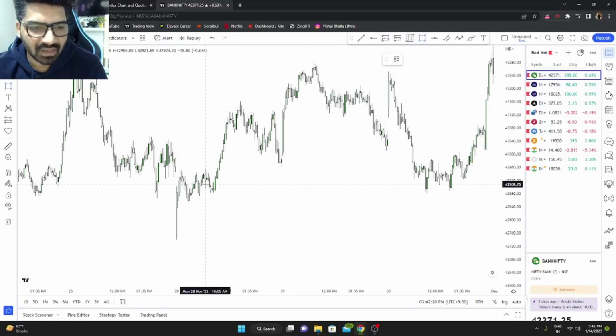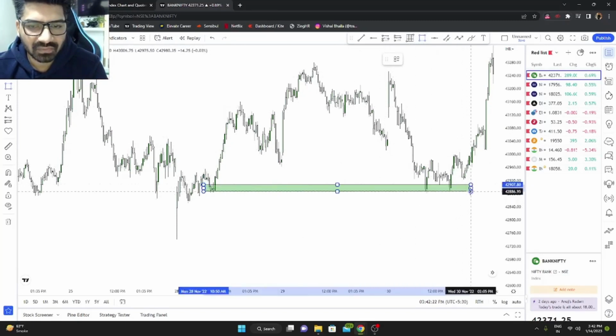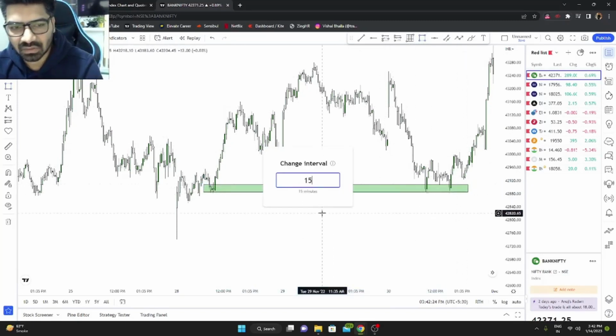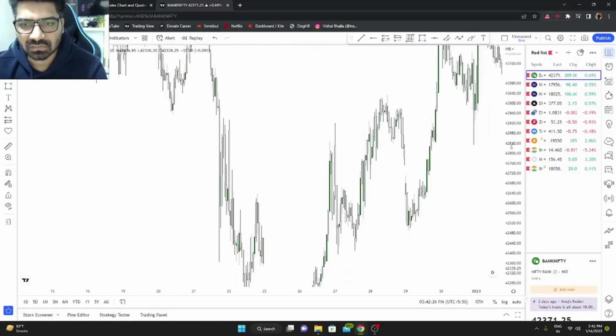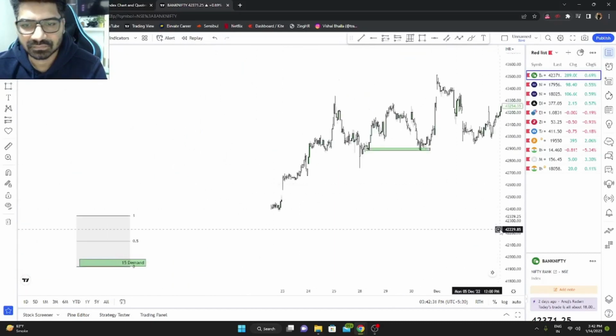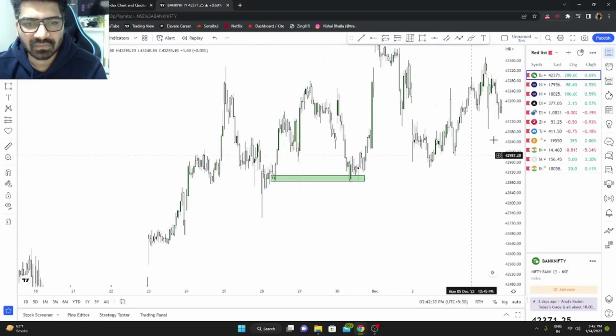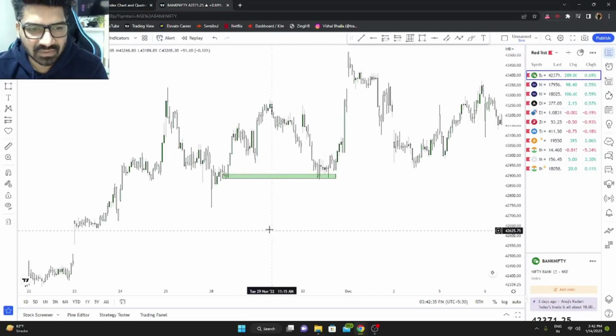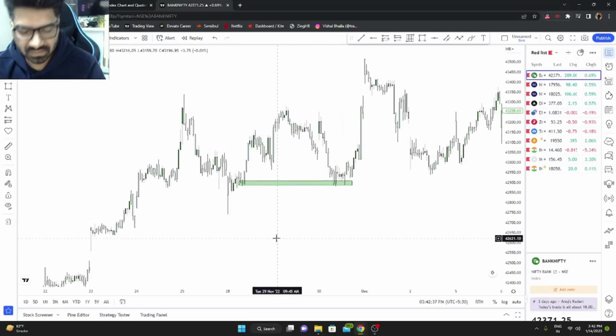We are in the 5 minutes time frame, so we'll hop on to the 15 minutes time frame and then we'll look. Also 5 minutes also, and 15 minutes also, it's visible exactly the same.